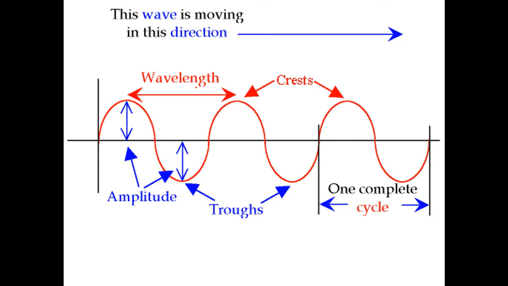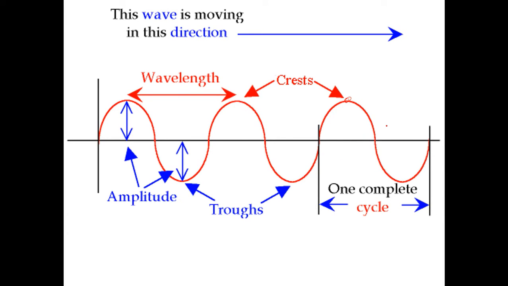So you can see that this wave is moving in the rightward direction. If we're starting from the top of this crest and moving to the top of the next crest, that's one wavelength. And again, you can do the same and move to this top here, and you would get a second wavelength.